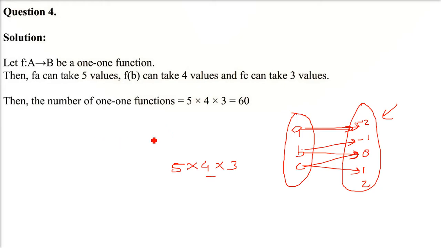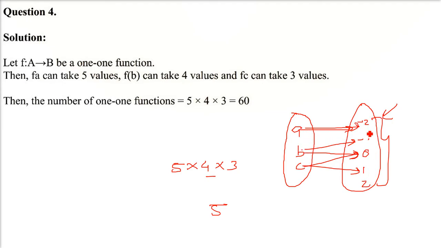Let me explain it in a different way. A can be combined with any of these 5, -2, -1, 0, 1, and 2, because it has 5 options. But once we have taken one of these from the second set, for B there are only 4 left.